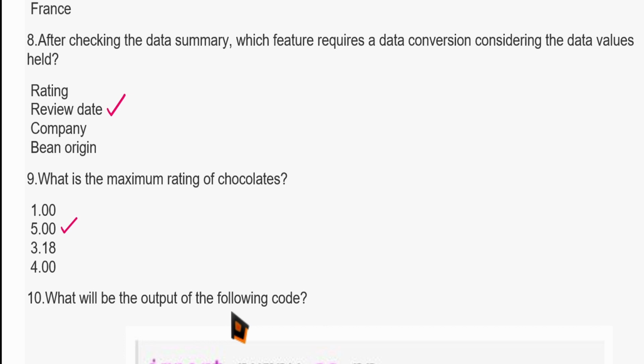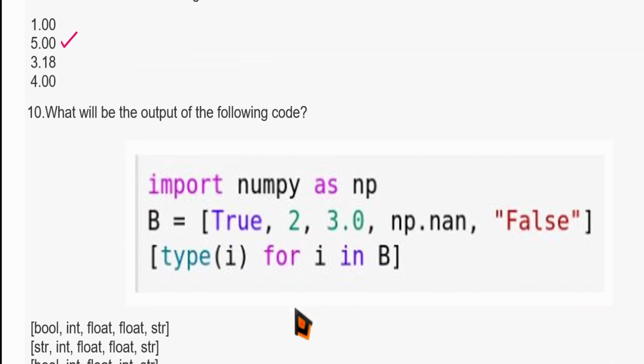So what will be the output of the following code? Import numpy as np, b is equal to True, 2, np.nan, that is not a number, then False. type(i) for i in b. So you have to take each element from this list and find out the type.